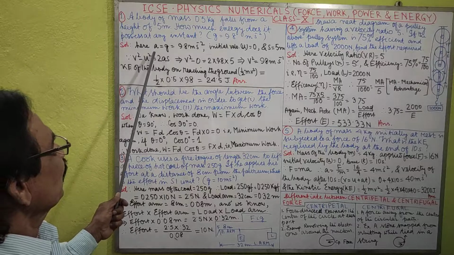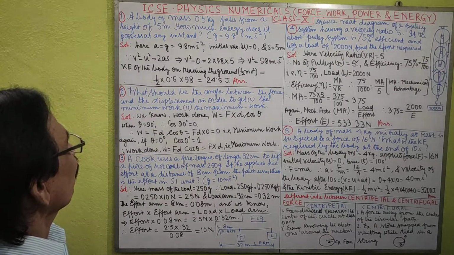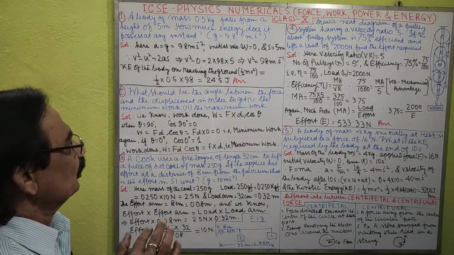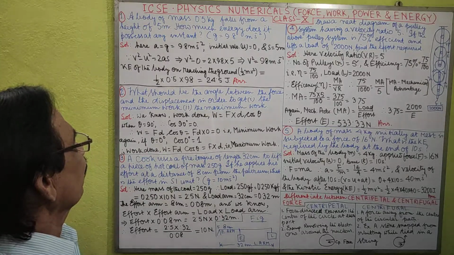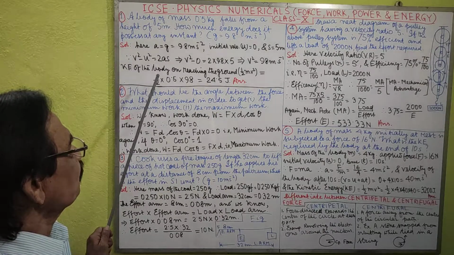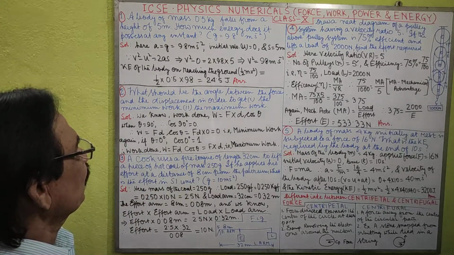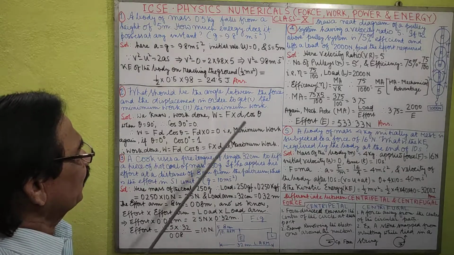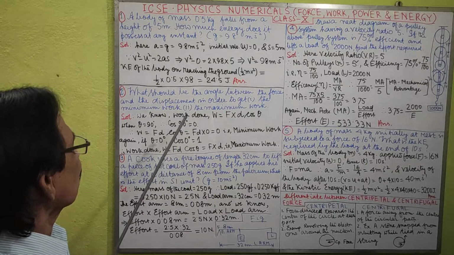Here a equal to g, because the mass of 0.5 kg is falling, so it is gaining the acceleration due to gravity, that is g equal to 9.8 meter per second square, which is given, and initial velocity u equal to 0, and the height here it is s, that is 5 meter.